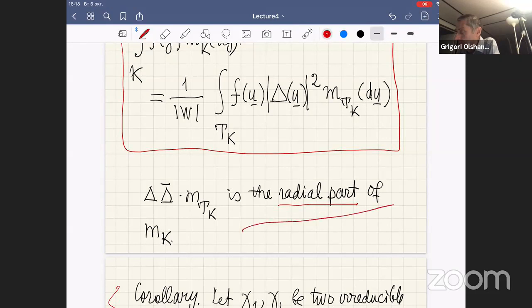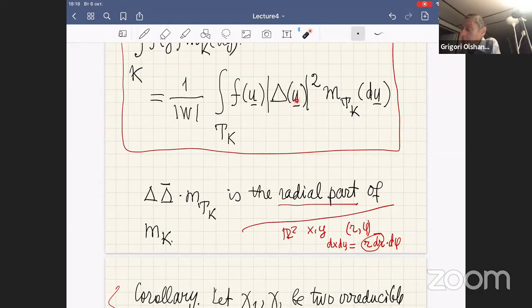If you have the plane with the coordinates x and y, we can pass to the polar coordinates r and phi, and then the Lebesgue measure is as follows. So this is the radial part of the Lebesgue measure, and this factor r is just this.